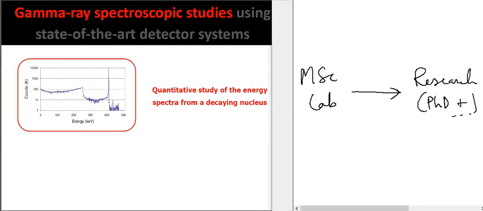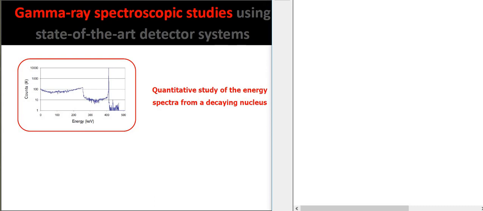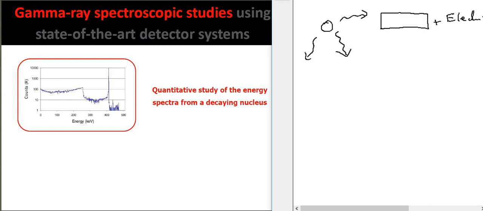Okay, so now you see what we want to do is basically a qualitative study of the energy spectra from a decaying nucleus. So a nucleus is decaying and it emits gamma rays everywhere. Now what I am going to do is put a detector nearby, plus the associated electronics. I have talked about this electronics part in a separate video, so I am not going to talk about it.